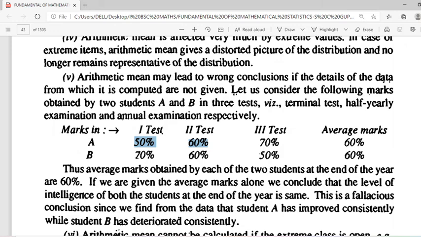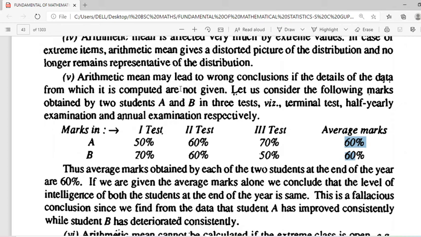I showed this because based on the arithmetic mean, we cannot ensure the students are equally intelligent.